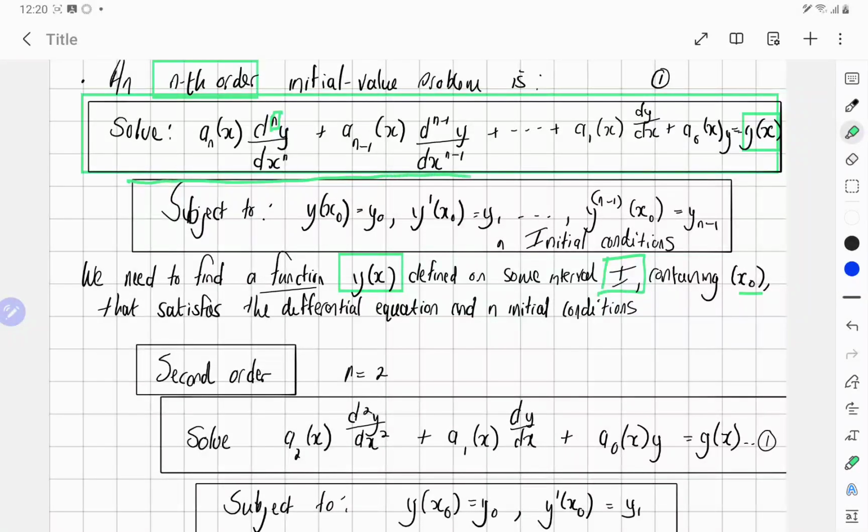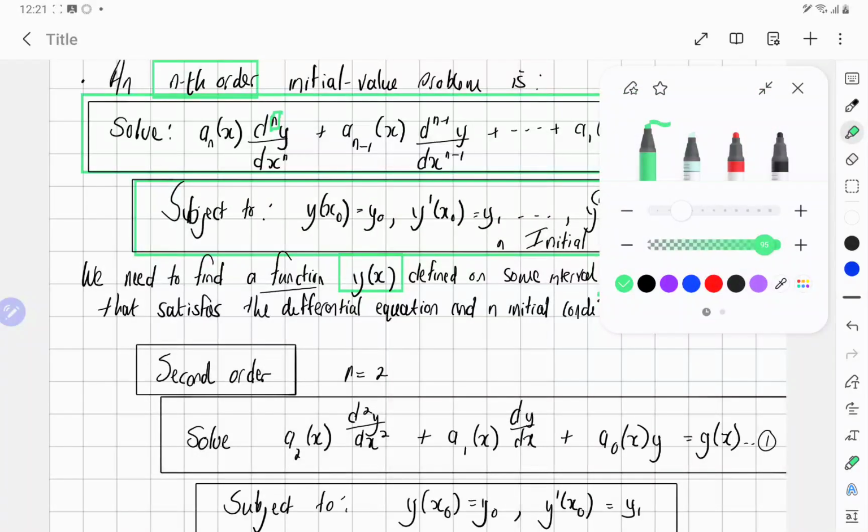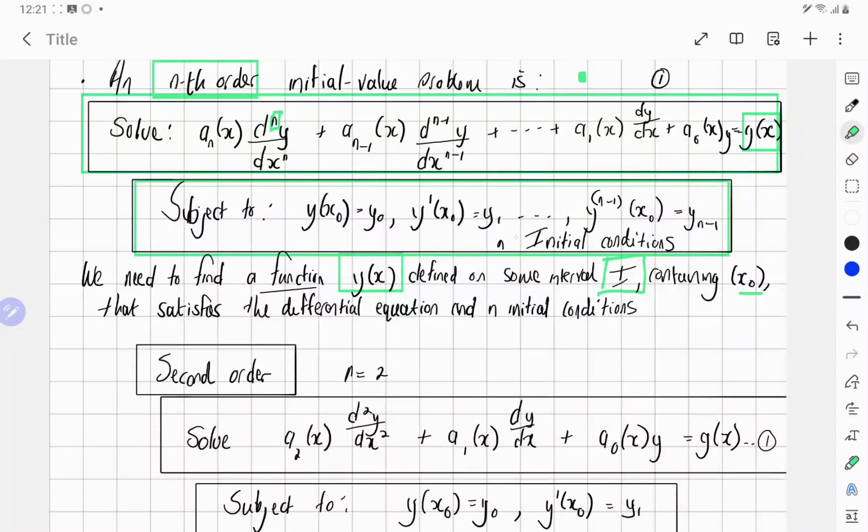Now, what I'm saying here is we have our differential equation subject to these conditions, and they are called our nth initial conditions. Very important. So I will stress it later what the nth initial conditions are.